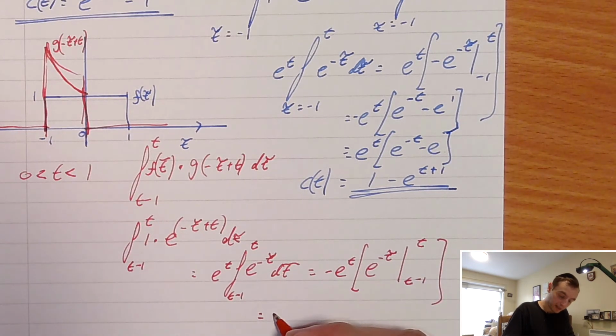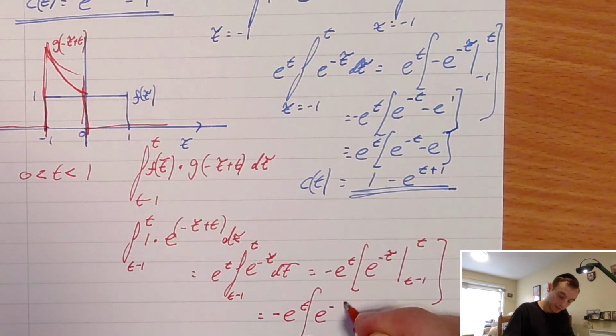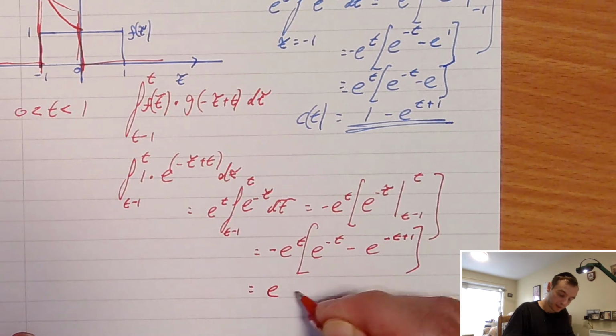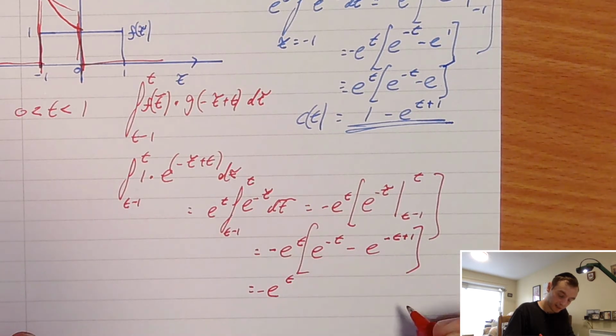And that's going to be minus e to the t, e to the minus t minus e to the minus t plus 1, I believe. And that's going to be equal to minus e to the t.